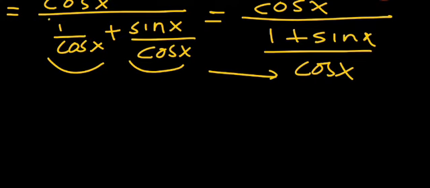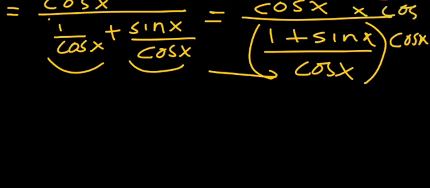So we are going to multiply this part by cos x, and also the top part by cos x. What we want to do is eliminate this cos down there, so that this one and that one divide, and we won't have any cos in the denominator.